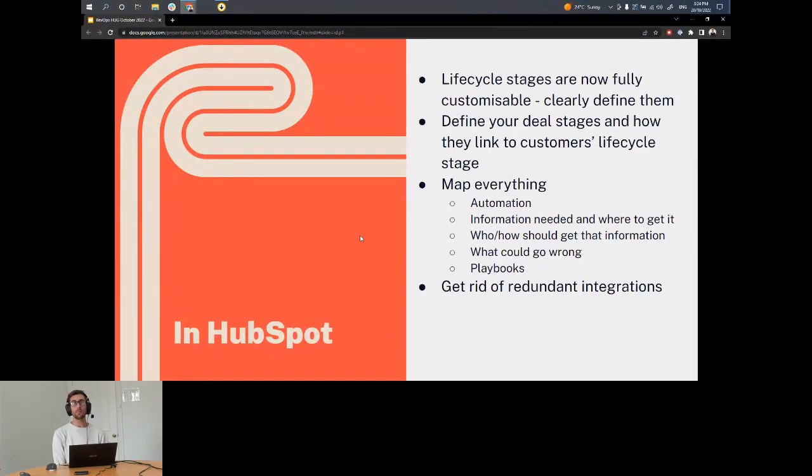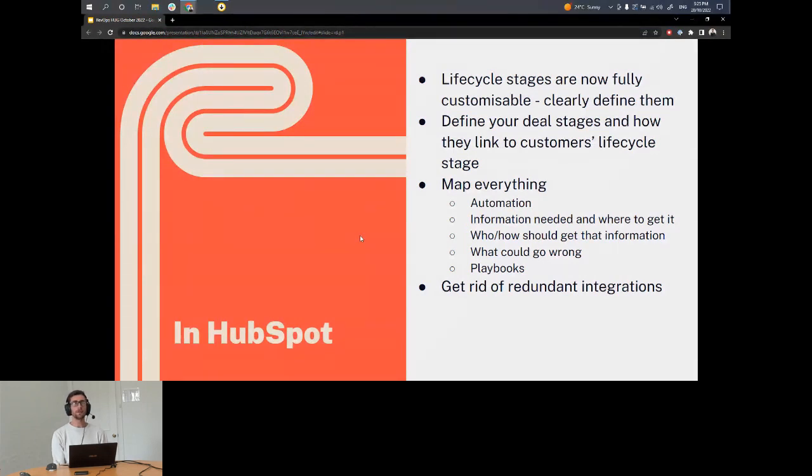Are there any playbooks your team should follow to make sure that they get all of the information that will be needed either at the next stage or later on during your customer's journey? Review your HubSpot integrations. Again, make sure that there are no redundancies.